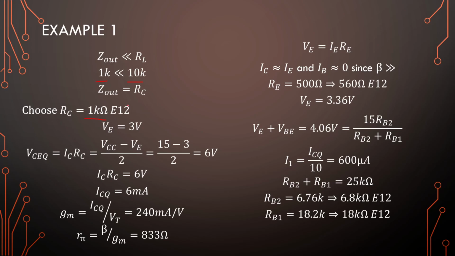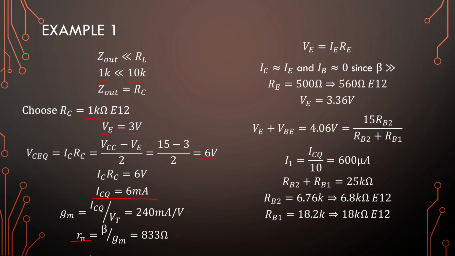So this gives us our choice of collector resistor. Right, then our emitter voltage was specified as 3 volts. And we can plug it into this equation and find our Q point as 6 volts, 6 milliamperes, giving us a transconductance of 240 milliamperes per volt and an R pi of 833 ohms.